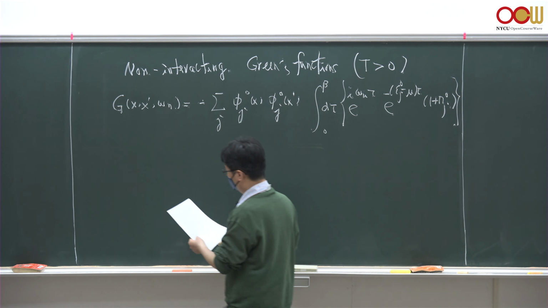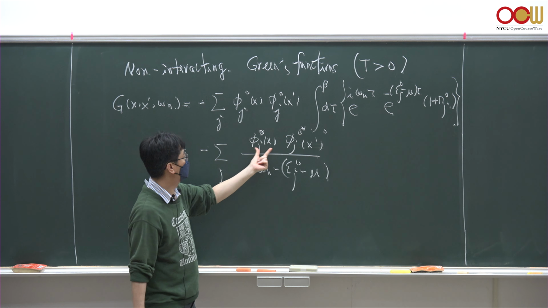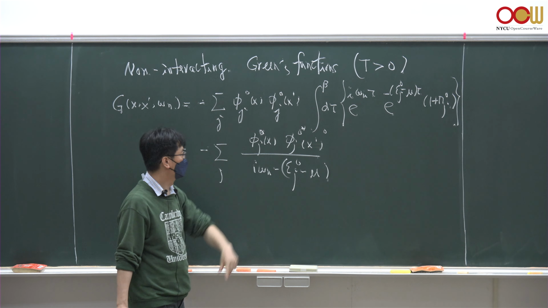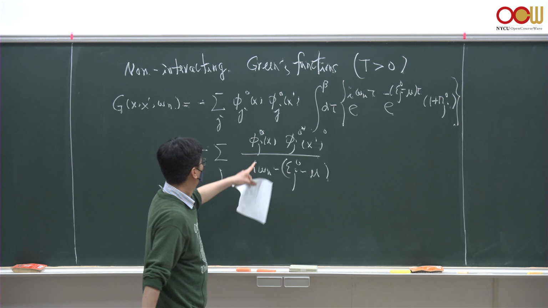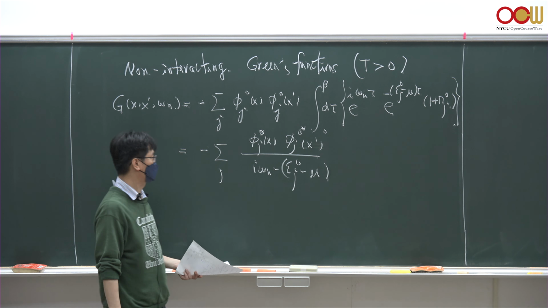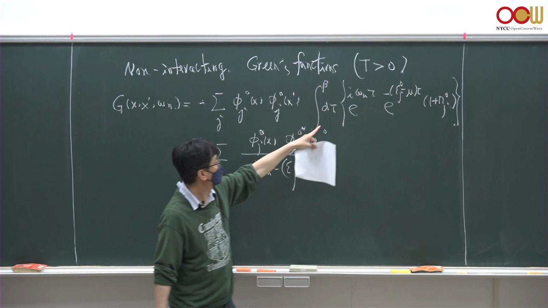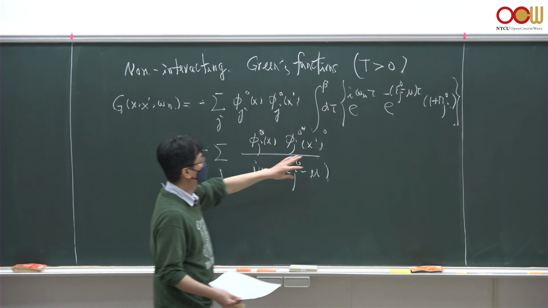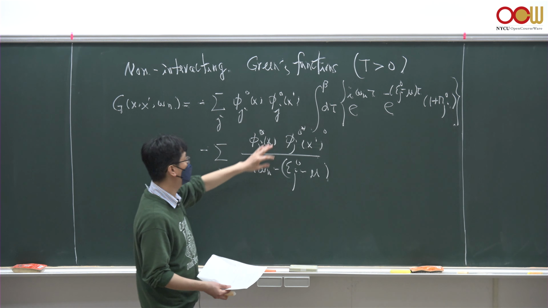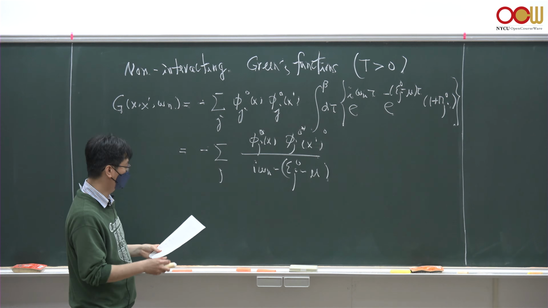So this is a general formulation for this non-interacting Green's function at finite temperature. So this phi_j0(x) and phi_j0(x') refer to the single-particle creation and destruction operators, and also the corresponding wave functions of the single particle. And the energy denominator comes from this d tau integral. And you will find that this factor 1 plus the occupation number n_j0 will get exactly cancelled if you carry out this integral.